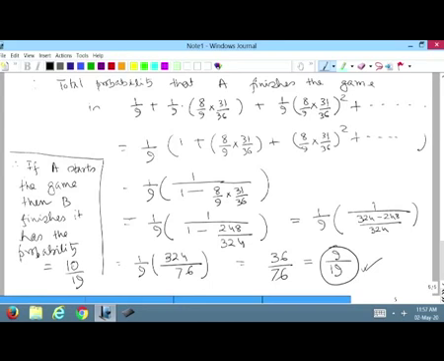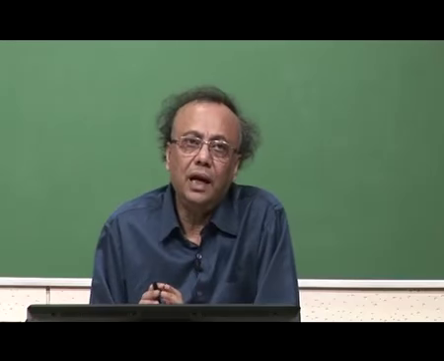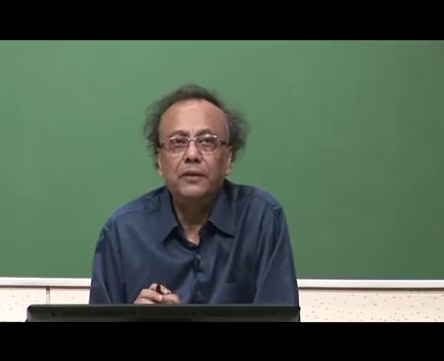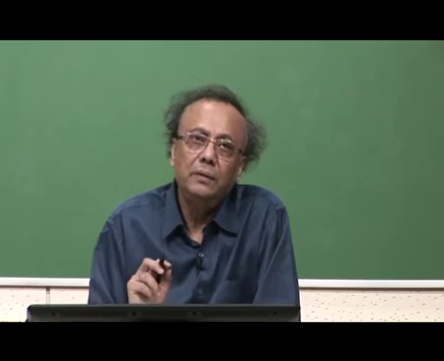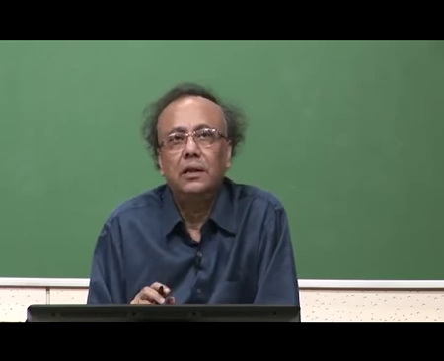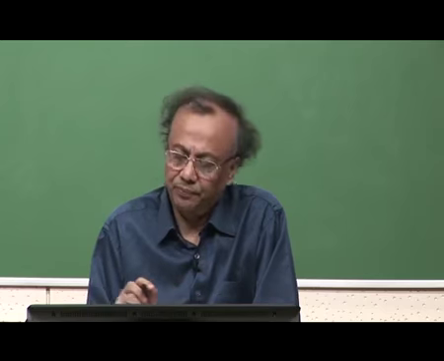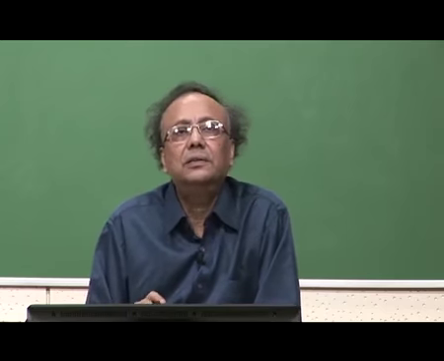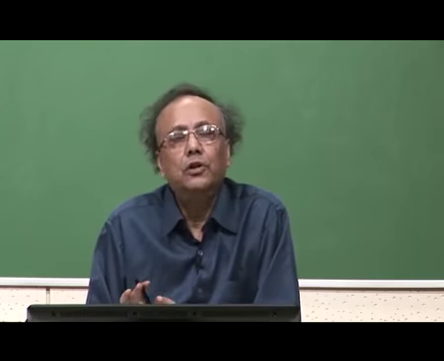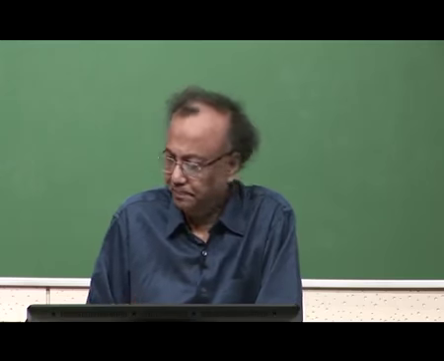In a similar way, you can obtain the probability that A finishes the game or B finishes the game when B starts the first move. I leave it as an exercise for you to complete that part.